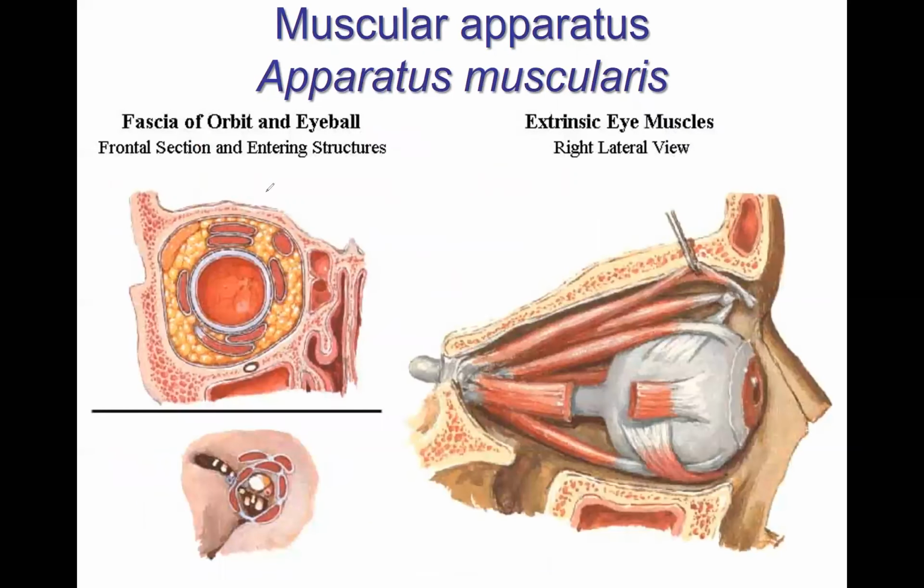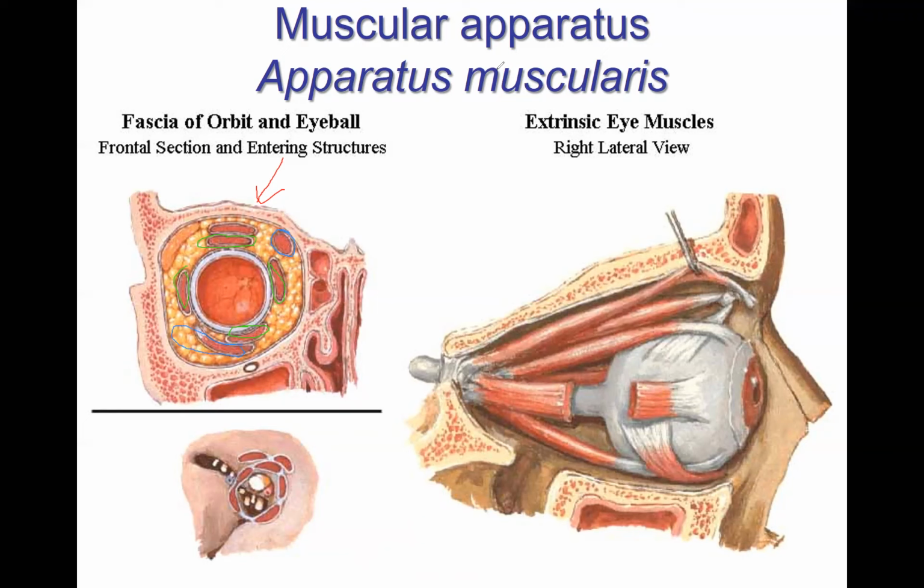Please, this figure is important to understand, as you can see it on MRI and CT. Mainly MRI. These are recti: superior, lateral, medial, and inferior. Then you have 2 obliqui muscles, superior and inferior.